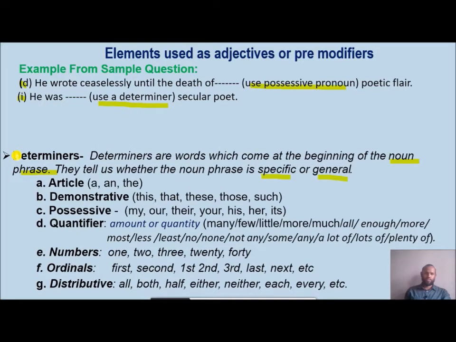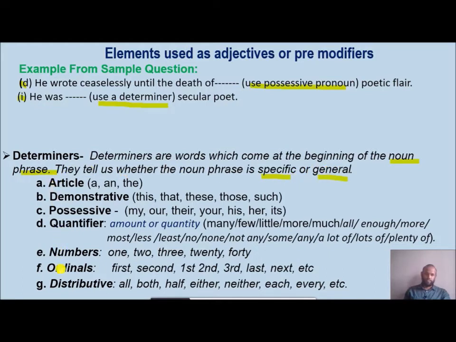Okay, so what are determiners? Determiners are words which come at the beginning of the noun phrase, and we have already learned what is phrase. A noun phrase is a group of words which function as noun, and determiners tell us whether the noun phrase is specific or general.